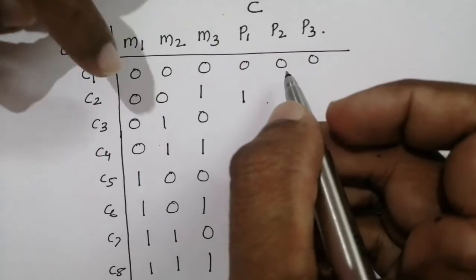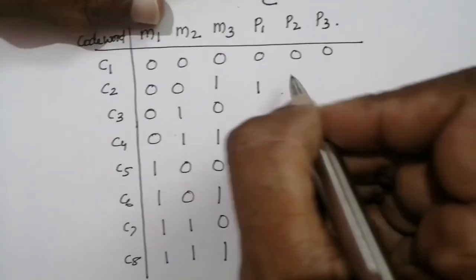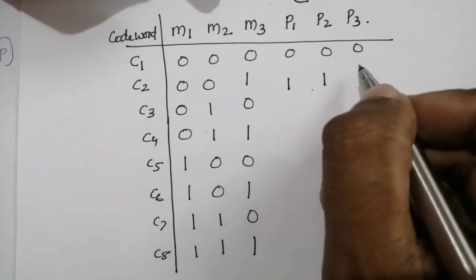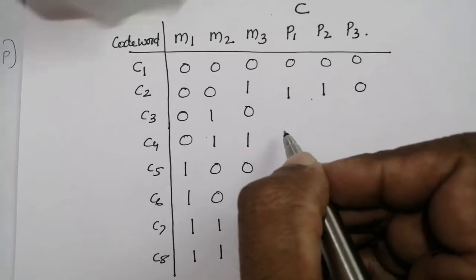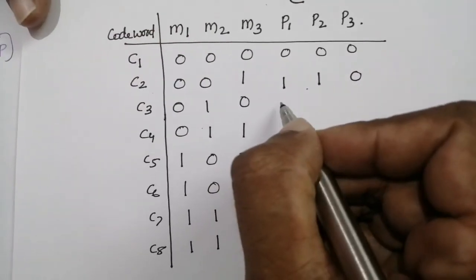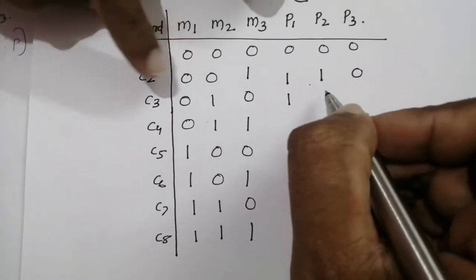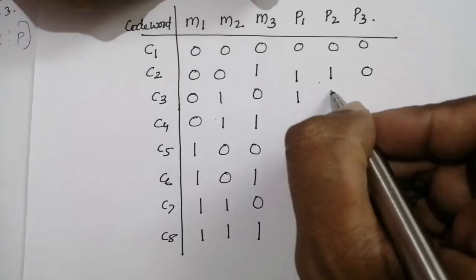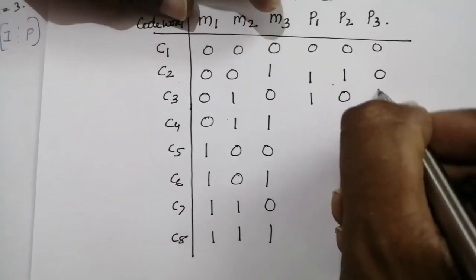P2 is M1 plus M3, that is 0 plus 1, again 1. And P3 is M1 plus M2, that is 0. Similarly, for this particular code word, P1 is M2 plus M3, which is 1, then M1 plus M3 is 0, then M1 plus M2 is 1.